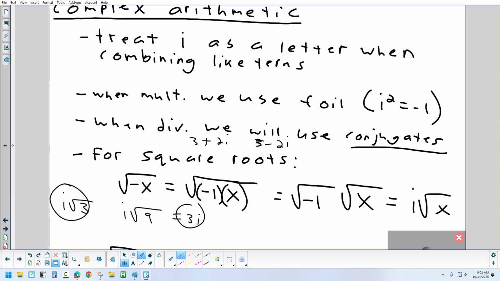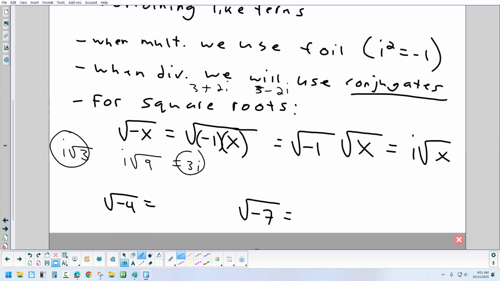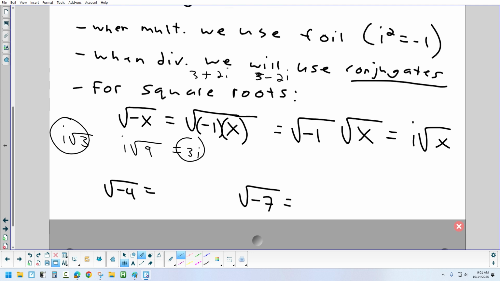Okay. So let's try simplifying a few square roots. Let's start with square root of -4. JD, what's the square root of -4 going to come out to?